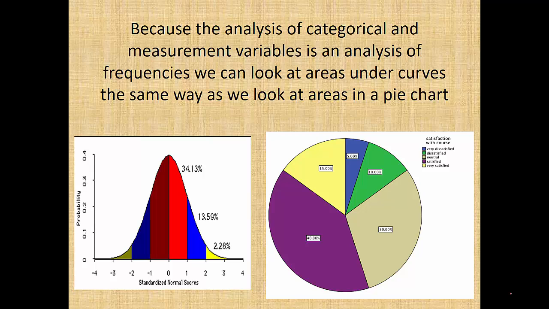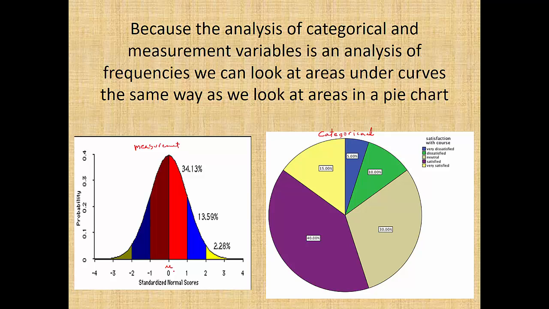Because the analysis of categorical and measurement variables is an analysis of frequencies, we can look at the areas under curves, i.e., for measurement variables, in the same way as we look at areas in a pie chart, i.e., for categorical variables. The image to the left is a standardized normal curve based on a measurement variable.